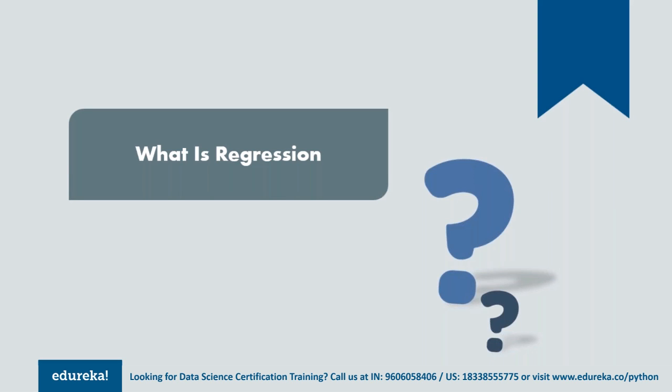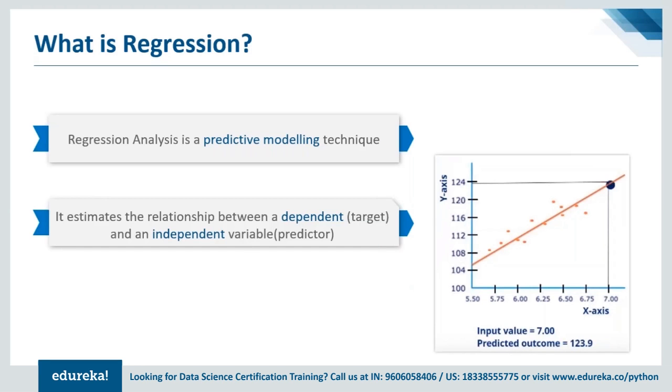The other type is regression. Regression is a predictive modeling technique. What do we mean by predictive? Anything which we can expect or anticipate based on information we have already collected.